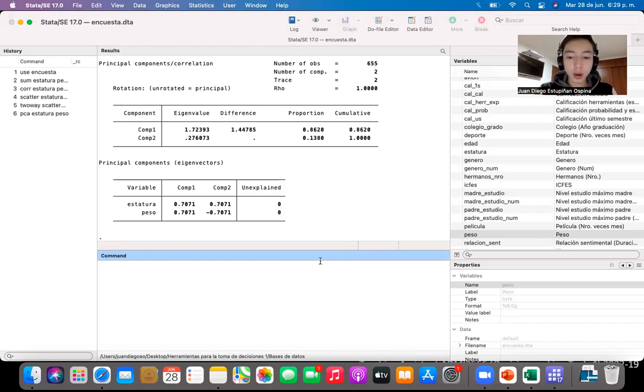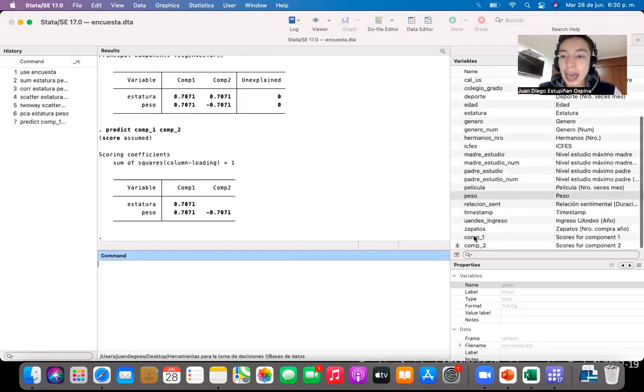To do that, we are going to use the command predict, and after that, we are going to assign names for each of the components. For example, I'm going to assign comp1 to the first component and comp2 to the second one.